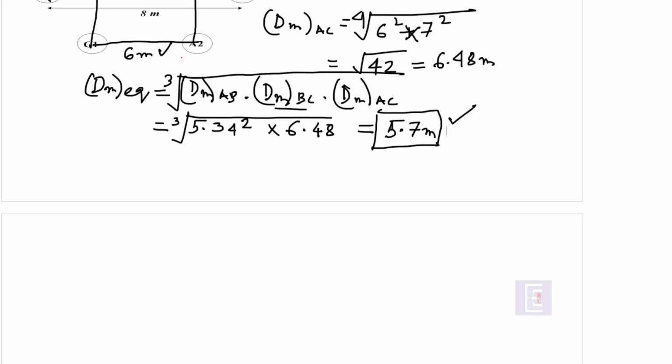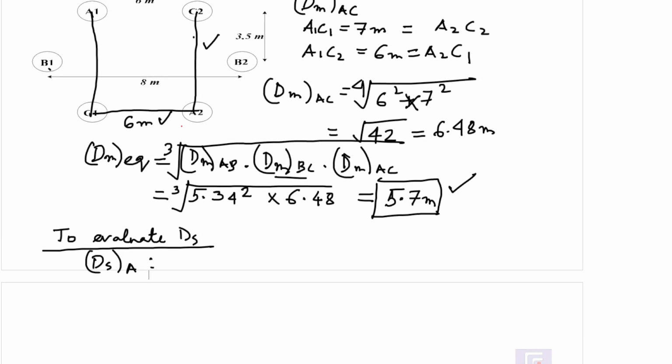Now you should evaluate the self distance. To evaluate DS, again the same thing. What is DSA? In order to evaluate DSA, let us investigate what the possible distances are.